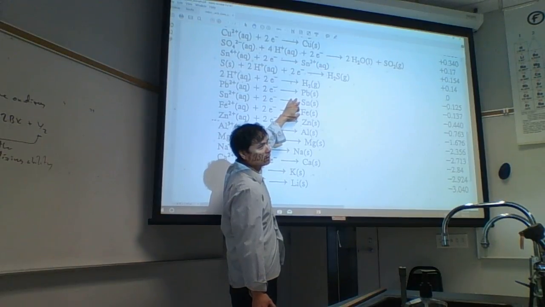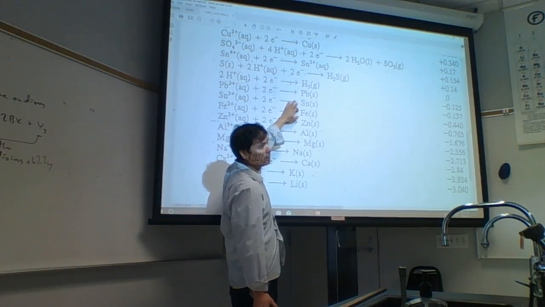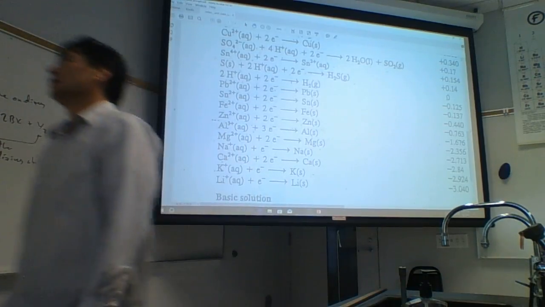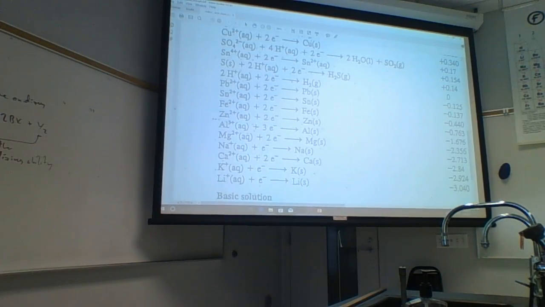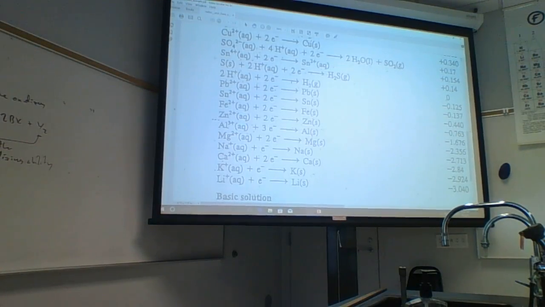I had it wrong. Iron is more active than hydrogen gas. That could make sense because metals, under the right conditions, are quite electron rich and flammable. If I had some iron filings, they can also combust. So I had it wrong. This is less, this is more. And so we're going from more to less active, which means we've got driving force.